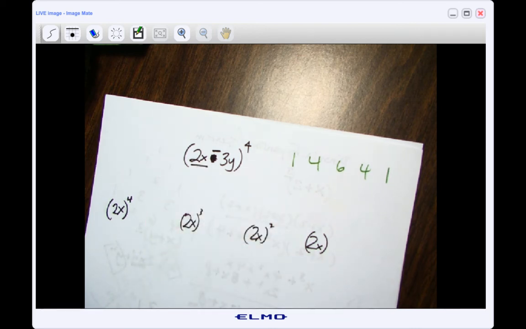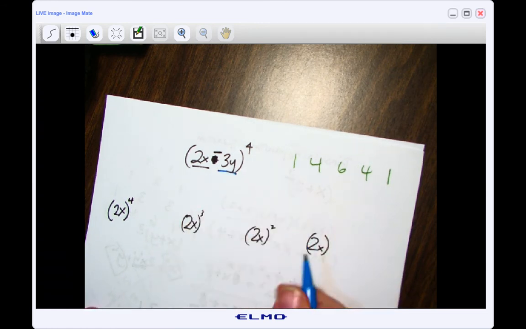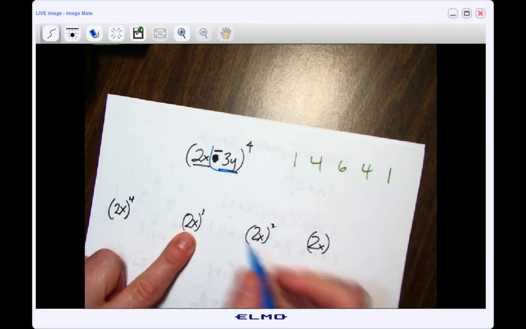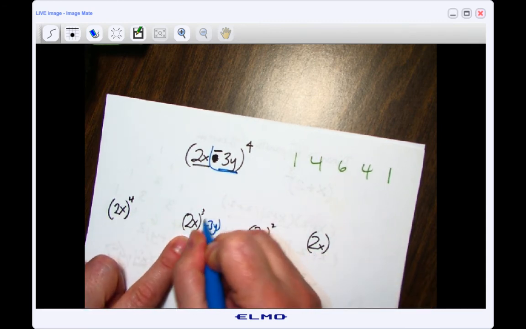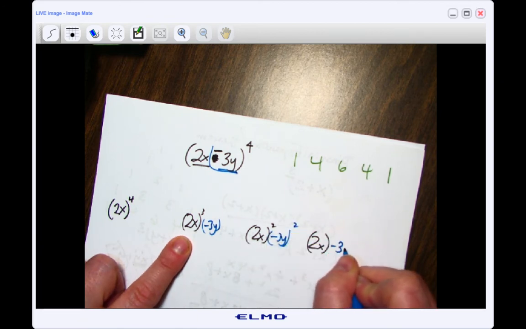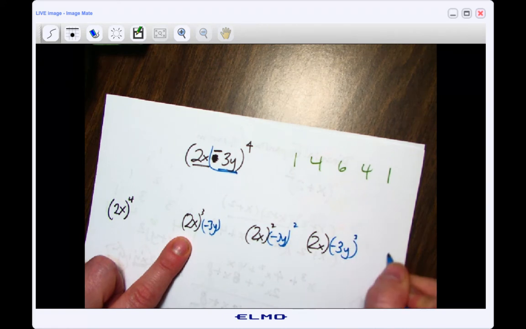The next thing I'm going to take care of are these guys. But I'm going to think about it as a negative 3y because he's a negative 3y, okay? So it's negative 3y to the 0, the negative 3y to the 1st, the negative 3y squared, the negative 3y to the 3rd, and then negative 3y to the 4th.